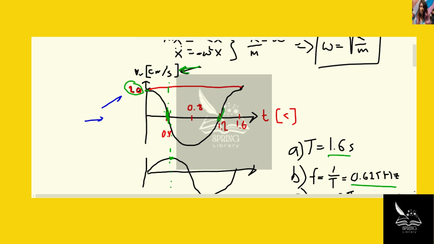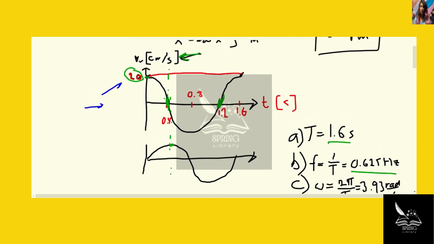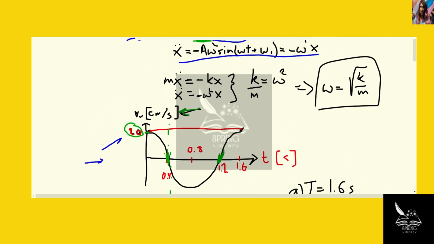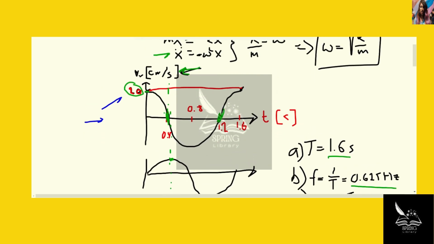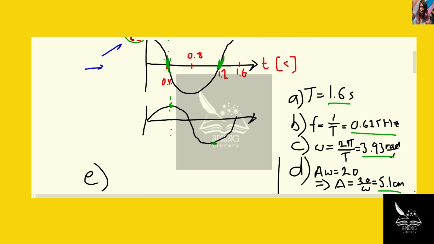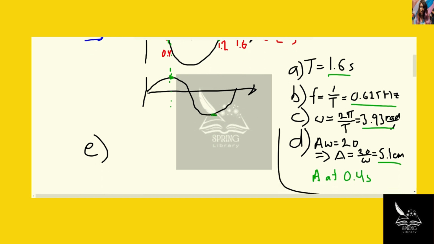Because over here there is no acceleration, and here it's a maximum acceleration. This can also be solved by looking at this equation with a sine function. It's the same points when the sine reaches a maximum. So here and also here. Okay, and that will be given at 0.4 and 1.2 seconds.